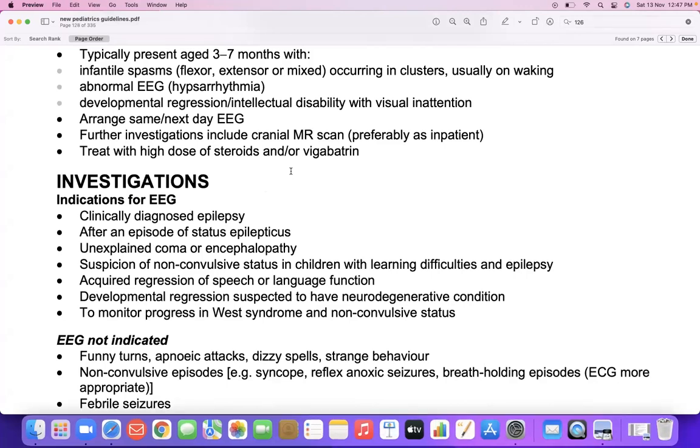And yeah, history, examination, and also when you have any doubt, you will make a specialist referral. Especially, as we have mentioned, less than 2 years of age, because in some infants the myoclonics are very difficult to control.